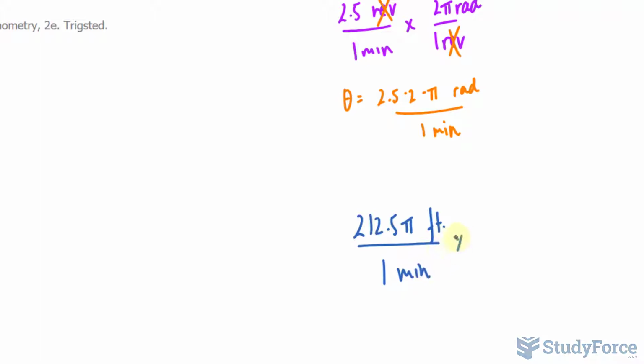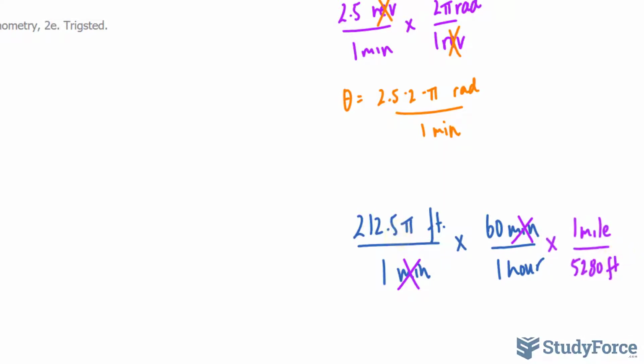And I'll multiply this by, well, we need this in hours. So I have 60 minutes at the top. This is the conversion per 1 hour. The minutes unit will cancel out. And I need to make feet into miles. For every 1 mile, that consists of 5,280 feet. Okay, so that cancels out with that.